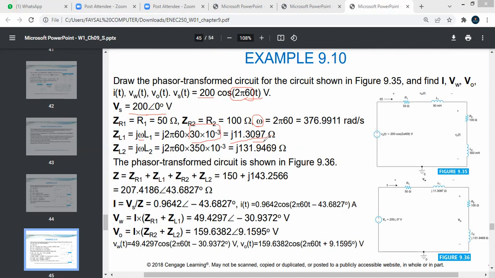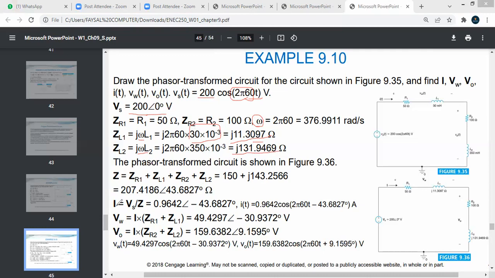So this is the value of Z for inductor L1. Now the second is my Z value for inductor L2. It is the same, j omega L2, so j omega value is 376.99, and then the value of L2. So this will be my ZL2.